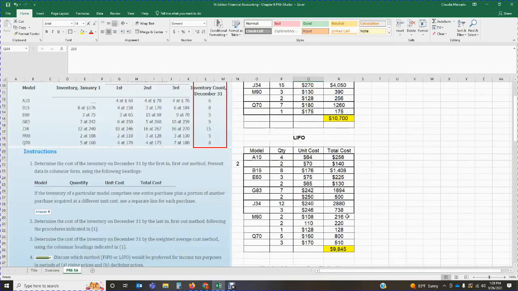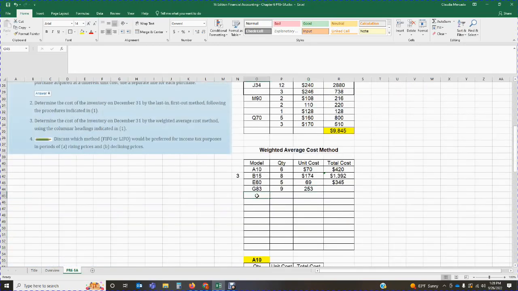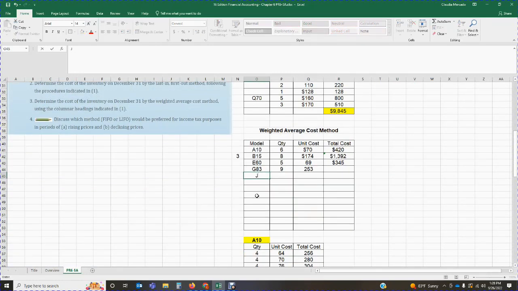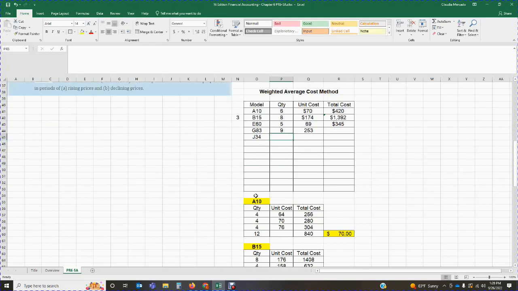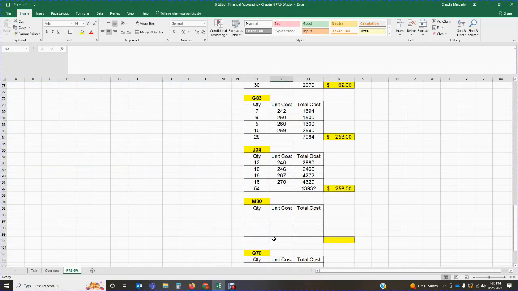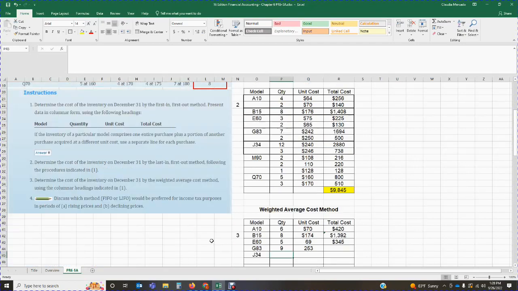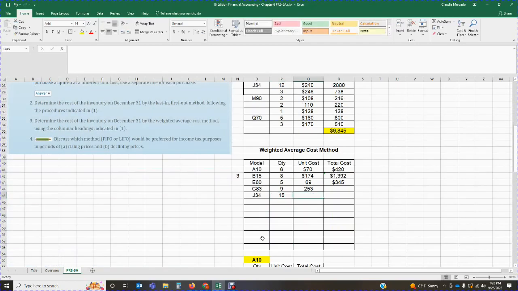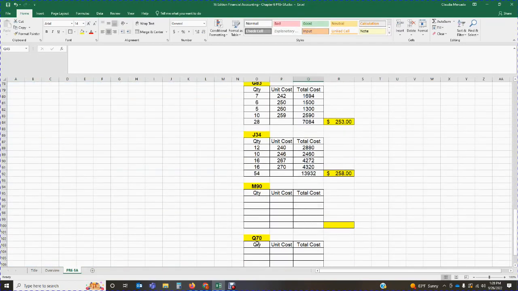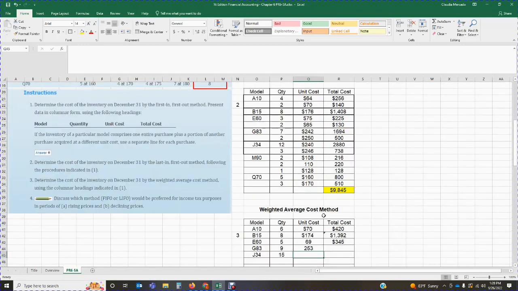And the price that we got for J34 is $258 per unit. So for J34, we have 15 units remaining, and my cost is $258.